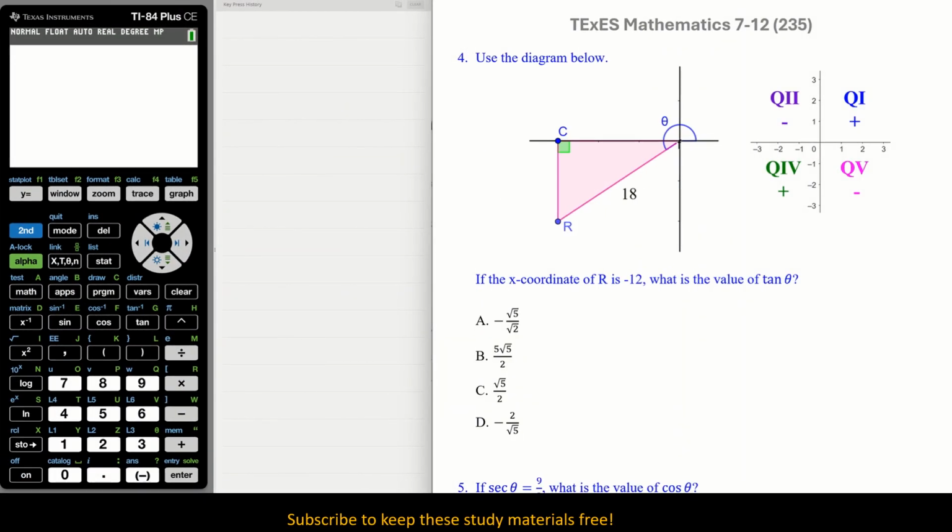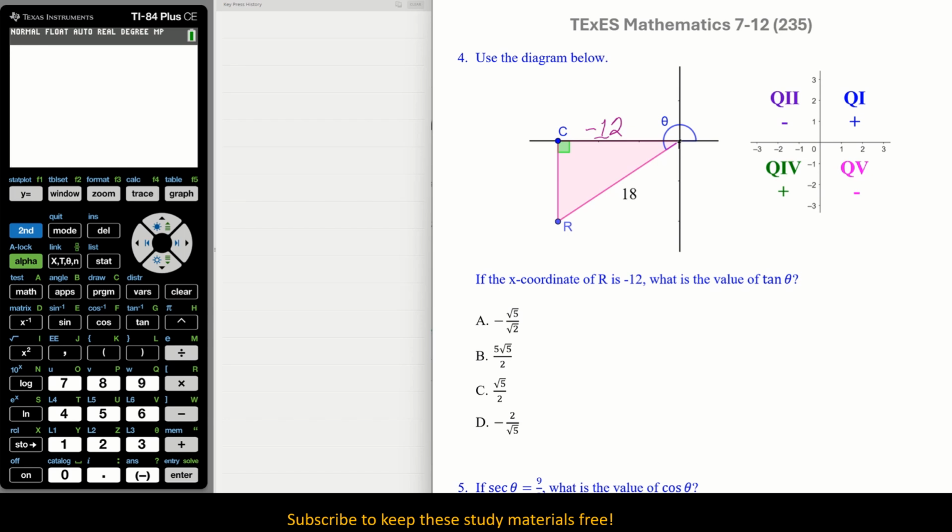Okay. Number 4. Use the diagram below. If the x-coordinate of r is negative 12, what is the value of tangent theta? Okay, so what we have here is negative 12. Well, we see some pretty obvious things going on here.